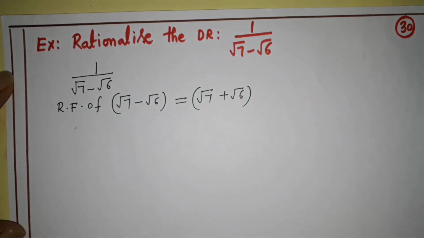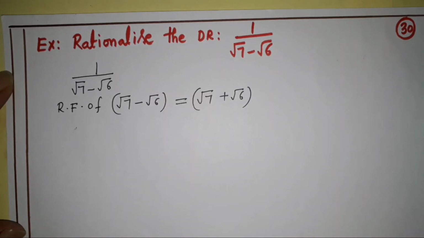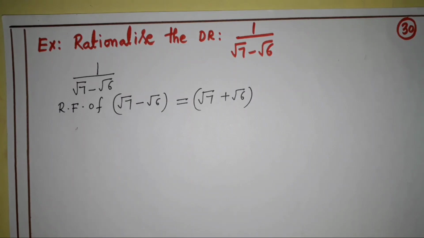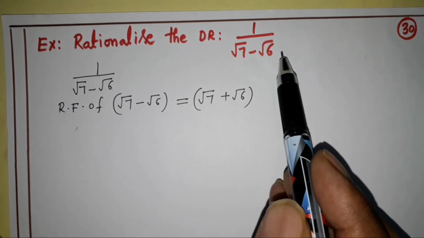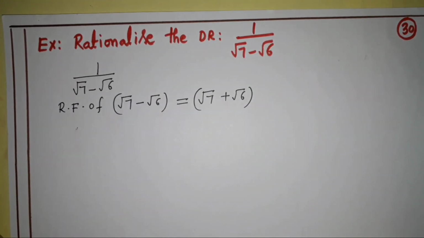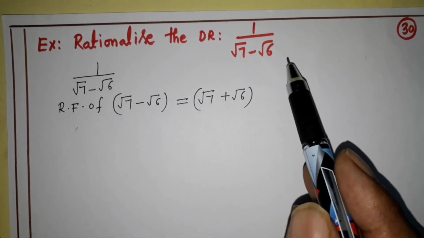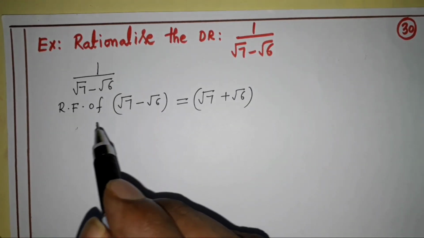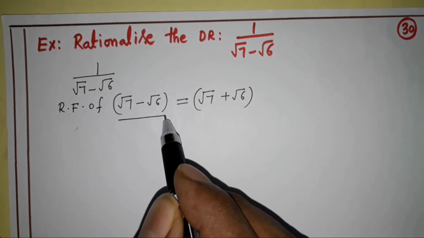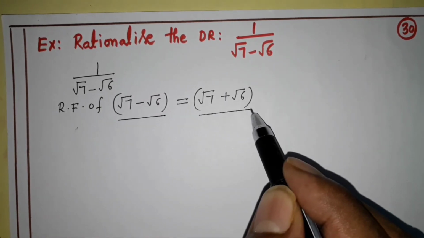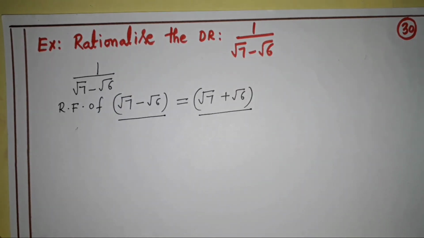Let us solve one problem, children. The problem is: rationalize the denominator of 1 by root 7 minus root 6. Here we need to rationalize the denominator. That means we have to eliminate the roots in the denominator. So what is the rationalizing factor of root 7 minus root 6? Root 7 plus root 6. I told you, just change the symbol.